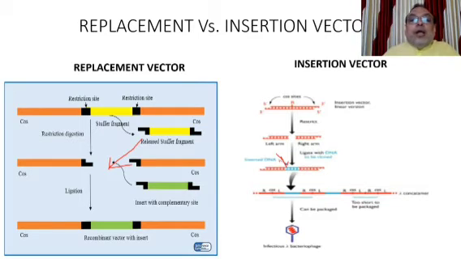That is, after integrating this replacement, this complementary DNA, the length of the phage should not exceed 105%, or after removal it should not decrease below 60%.